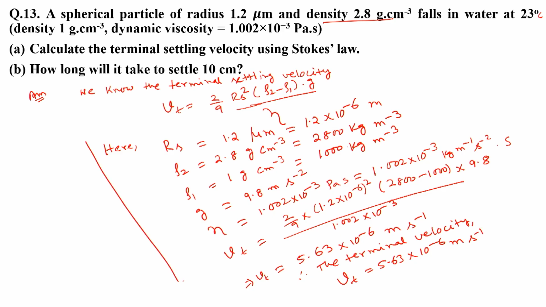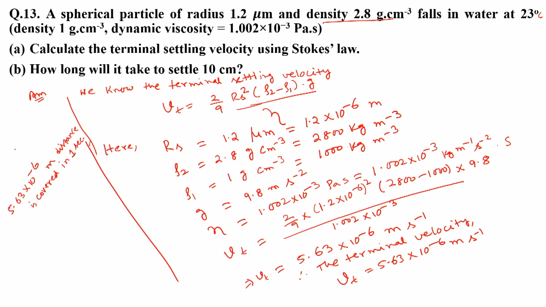Now second part, how long will it take to settle 10 centimeter? So this much distance goes in 1 second, right? 5.63 times 10 to the minus 6 meter distance is covered in 1 second, right?